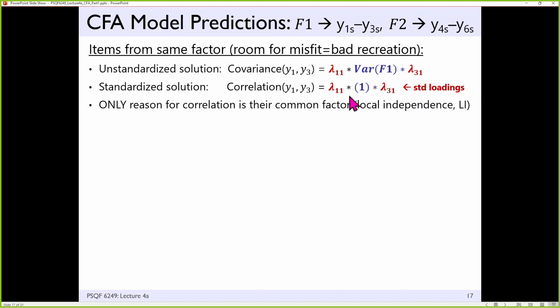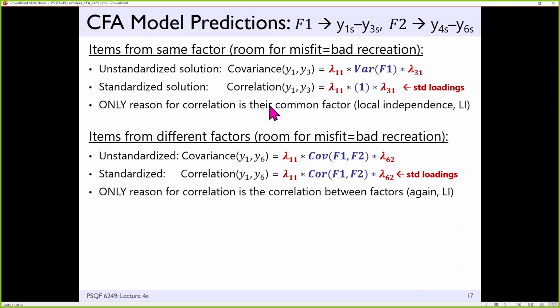So when people talk about patterns, they usually look at this one because it's easier to keep track of. This is saying that the only reason that these items are related is because of the factor they have in common, and that's it. There's nothing else in the model that is currently contributing to their covariance, no error relationships, local independence.